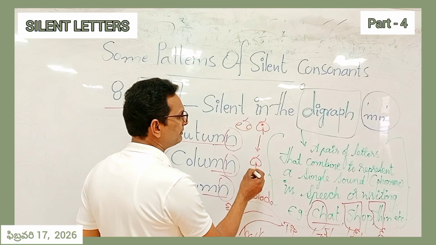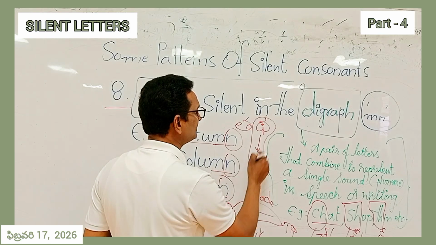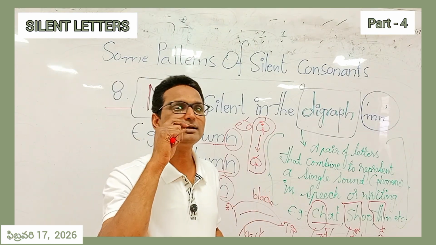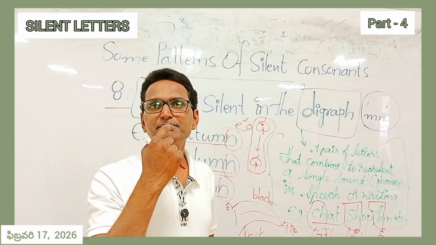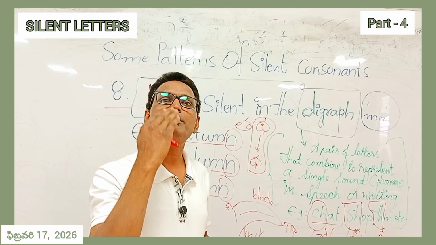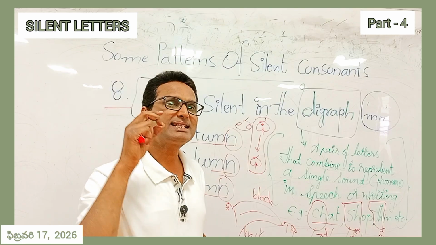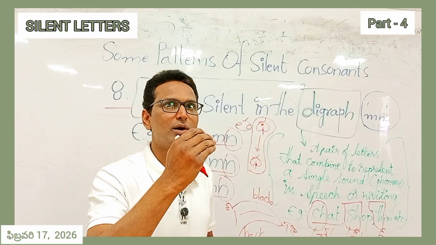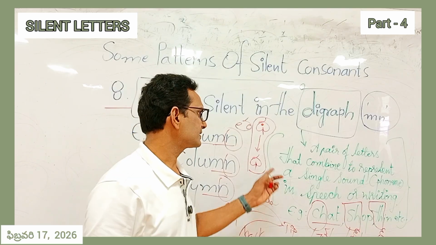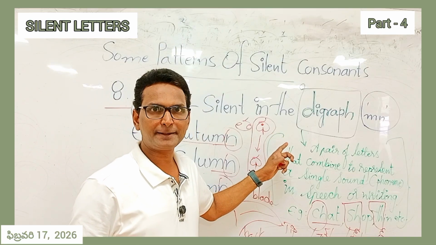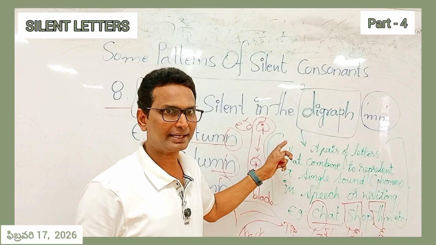Let's be very mindful. We say th. Feel the tip of the tongue. The tip of the tongue comes in between the upper teeth and lower teeth. But there is some puffing sound which gets pushed out when foreigners use this sound.